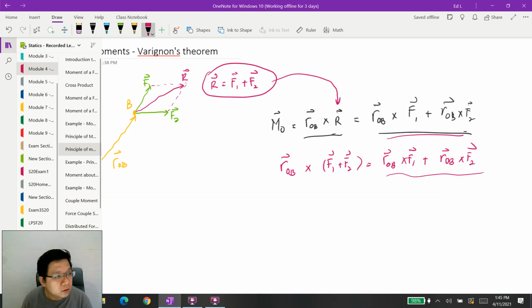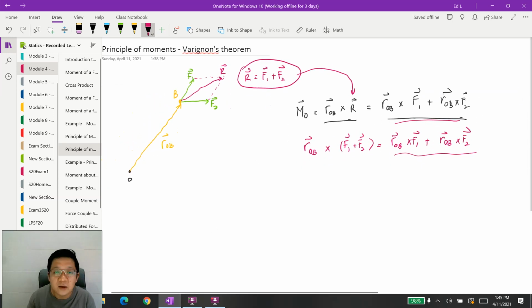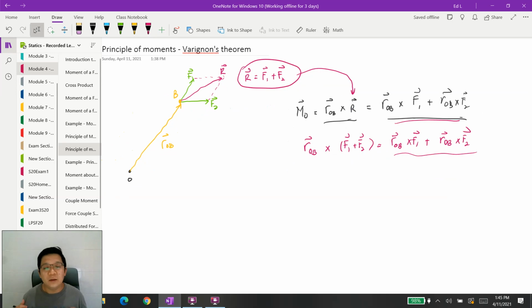In this case, what we can say about Varignon's theorem is that the moment of a force about a point is equal to the sum of the moments of the components of that force about the same point.